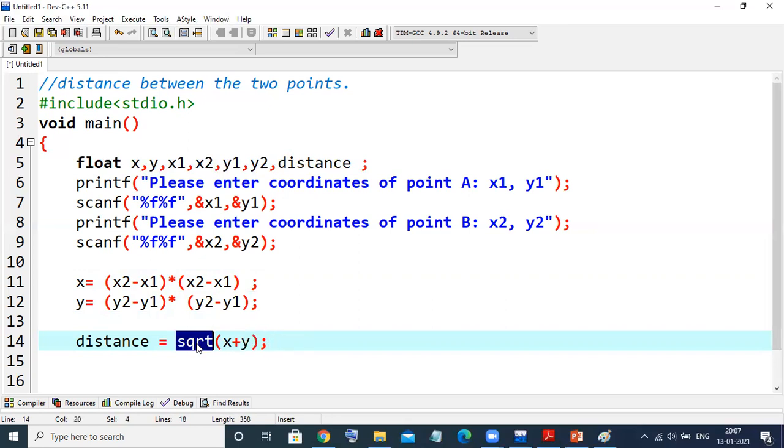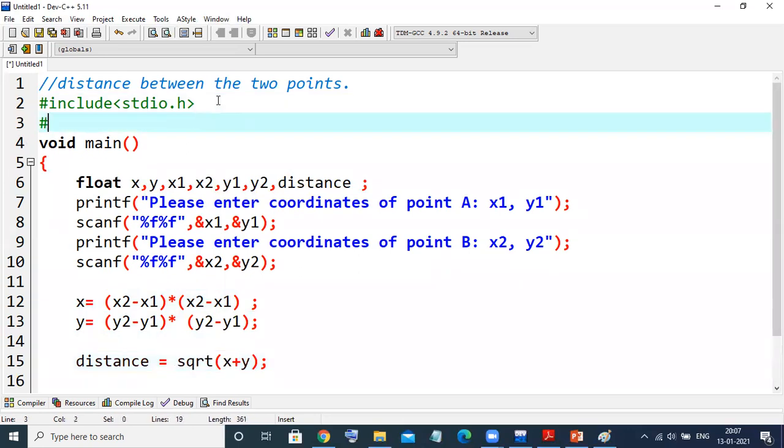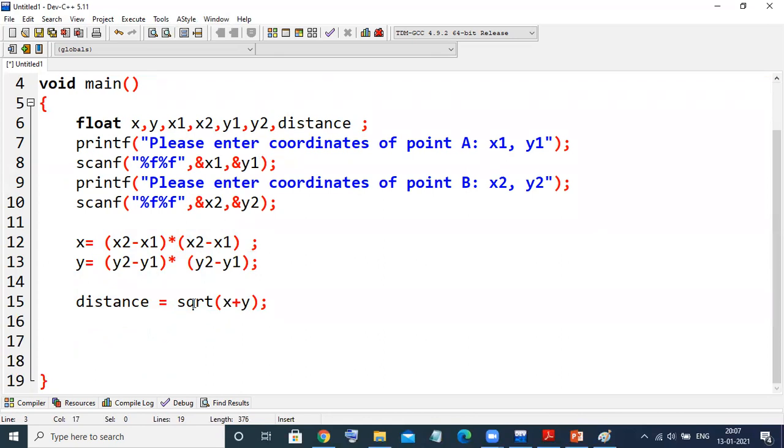So sqrt is a mathematical function. Whenever you use this sqrt inbuilt function, it is a library function. These functions are stored in different header files, and that header file is include math.h, because it's a mathematical function. The result will be stored in distance.